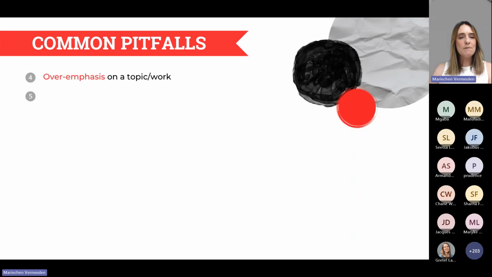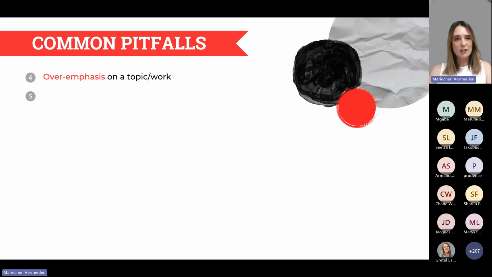Number 4 is that we overemphasize a topic or a section of work, giving too many marks to that section of work. And this happens because we don't accurately work out how many marks that section should count, so that it reflects the academic time I've spent teaching it. And I'm actually going to show you how to do that in a later section of today's presentation.